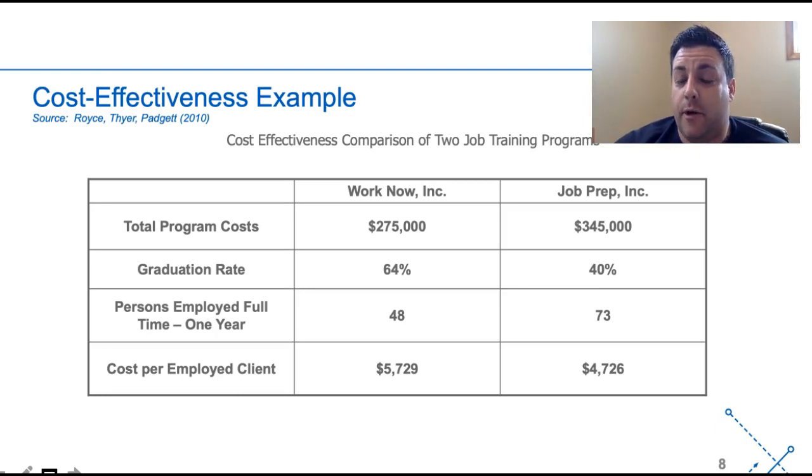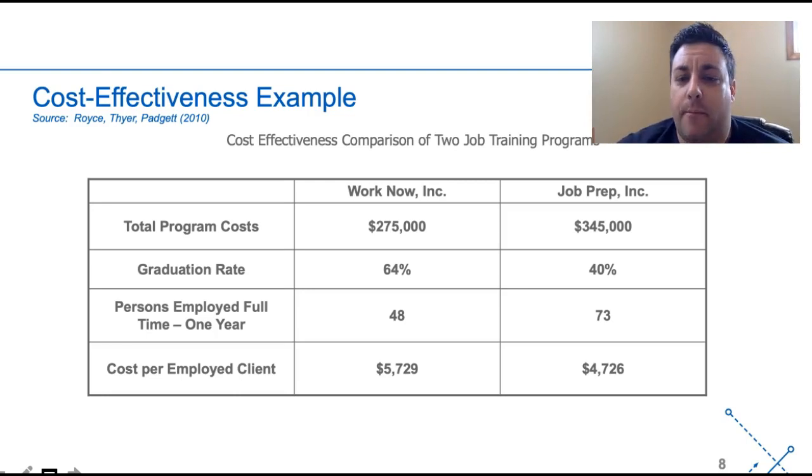Their graduation rate was 40%. So right off the bat, they have a more expensive program but a lower graduation rate. However, this next row in the chart tells us that 73 people were employed full-time after 1 year. So there's a little bit of discrepancy in the data here. We'll get into this in a second.